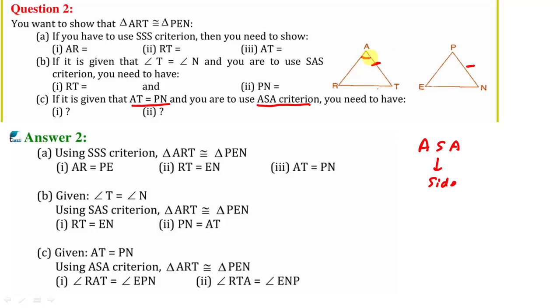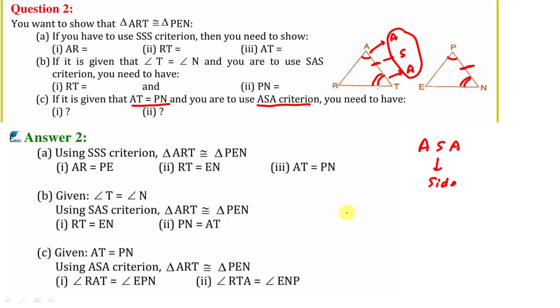So this is your first angle, this is your side, then this is your second angle. Angle, side, angle, means ASA criteria.